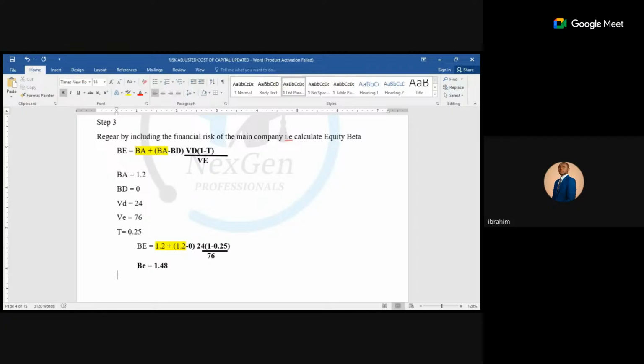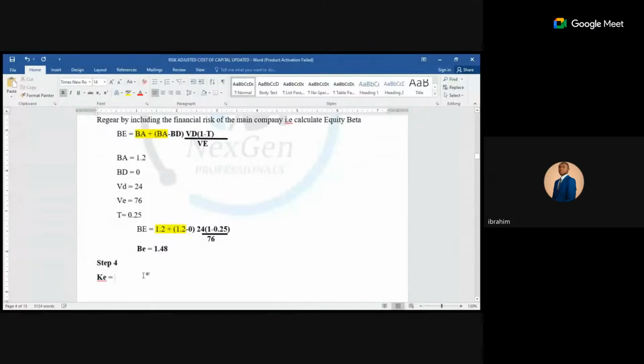All right. What is the next step? Calculate the CAPM. Step 4 is to calculate CAPM. Cost of equity equals risk-free plus equity beta times market return minus risk-free.